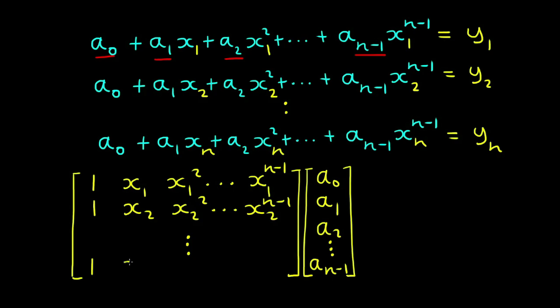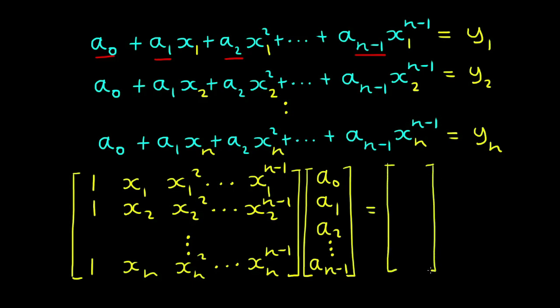So we have 1, xn, xn squared, up to xn to the n minus 1, as we can see. So we had n equations. The first equation is equal to y1, the second one y2, and similarly you'd have y3, and so on down to yn.